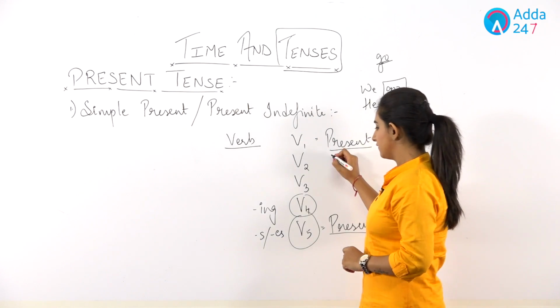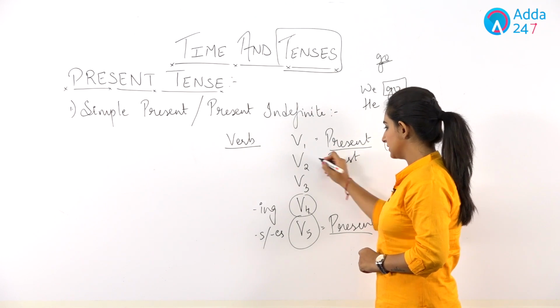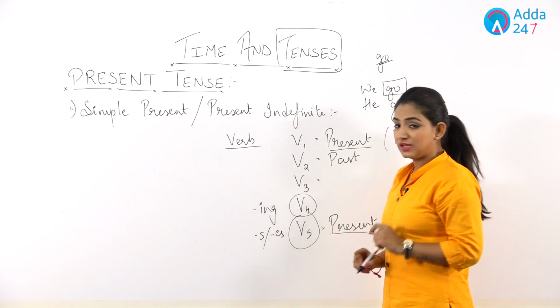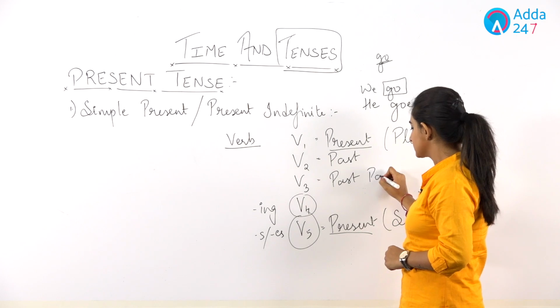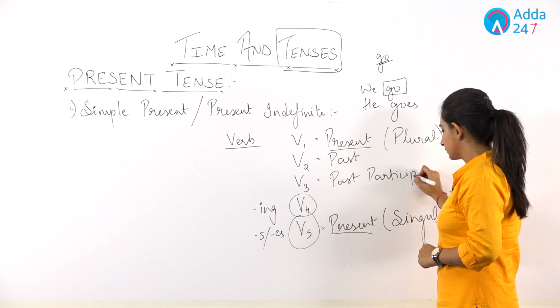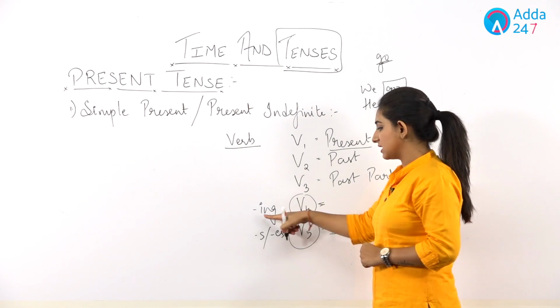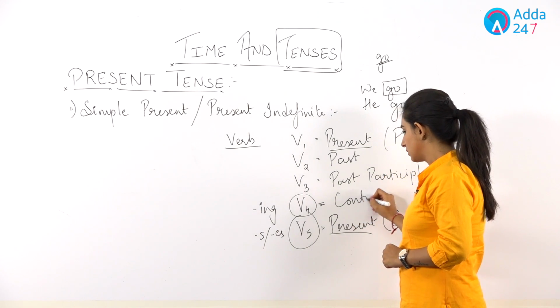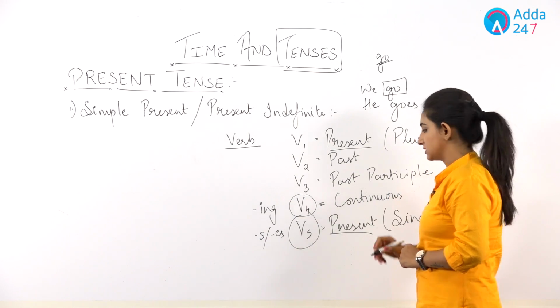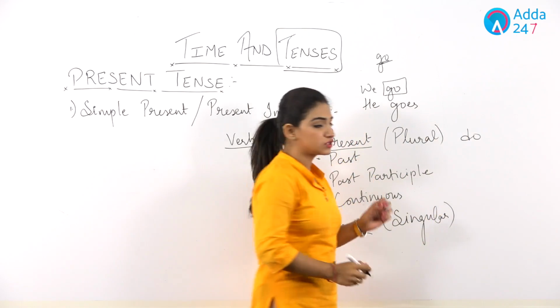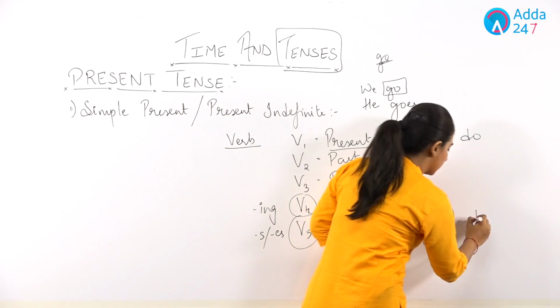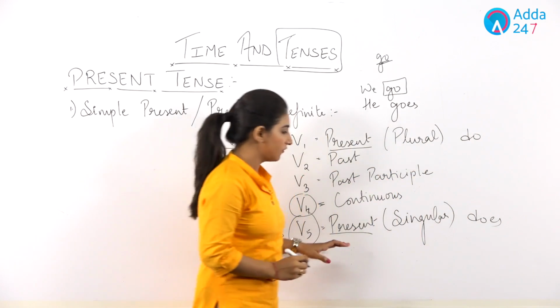Moving further, we have V2, that is used in past tense. We have V3, that is the past participle. And V4, that is the ing form, is used in continuous tense. If we take an example, it says V1 is do and does is V5.